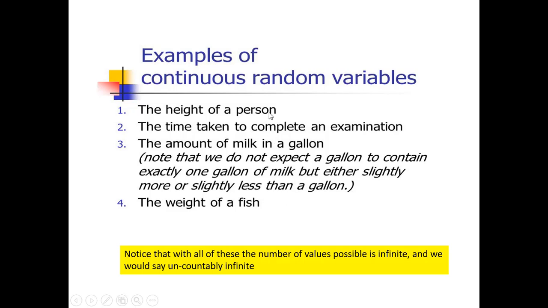So for all of these, there's a certain interval that might be reasonable, but within that interval, there's an uncountable number of possibilities. So in addition to being infinite, it's also uncountable.